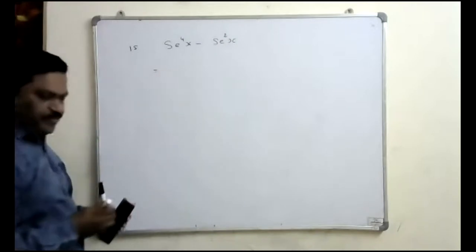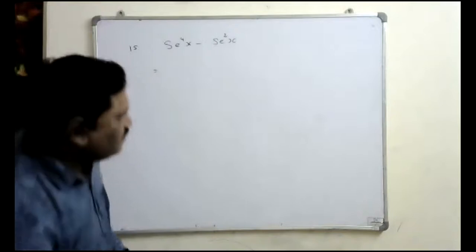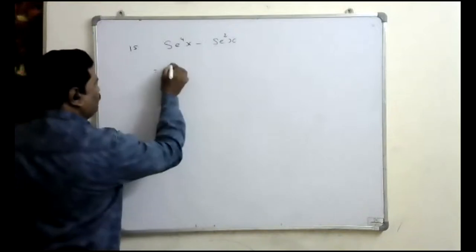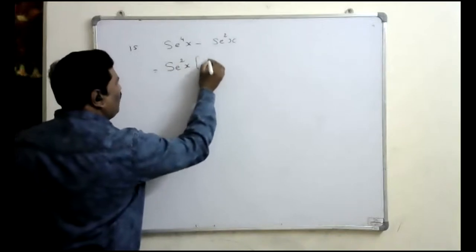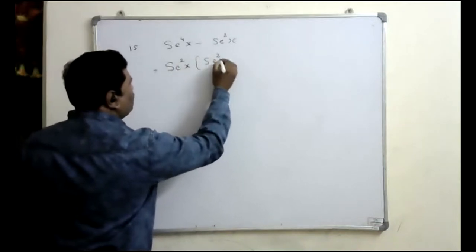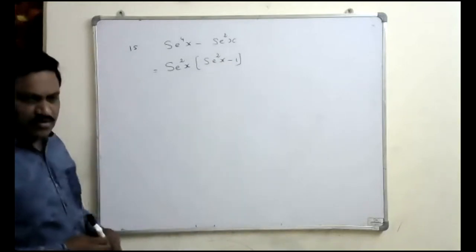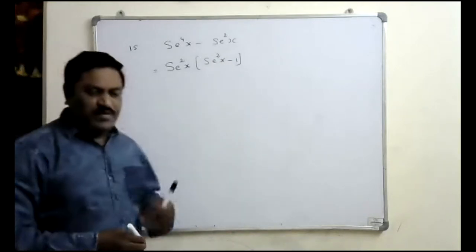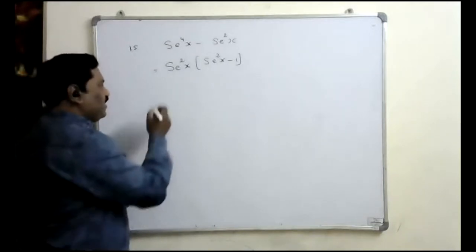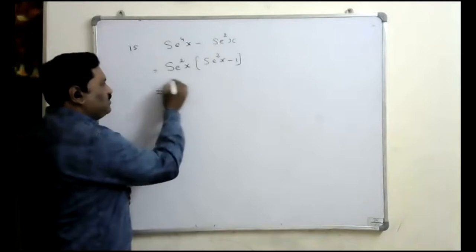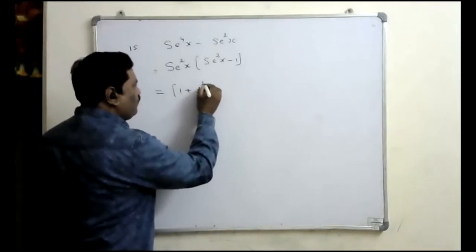To find this, first of all, from these two functions, we can take secant square x as common. The remaining is secant square x minus 1. Now this we have to convert completely in terms of tan. Recollect the second identity: secant square x we can write as 1 plus tan square x.